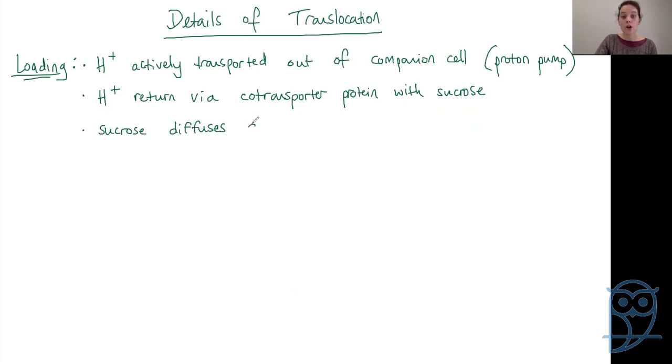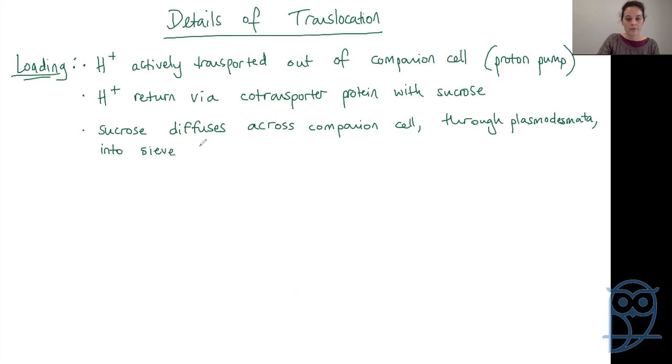So it diffuses across the companion cell, through plasmodesmata, into the sieve element.